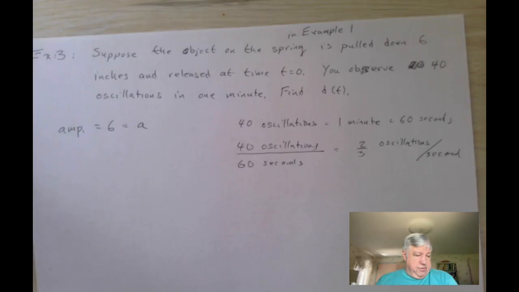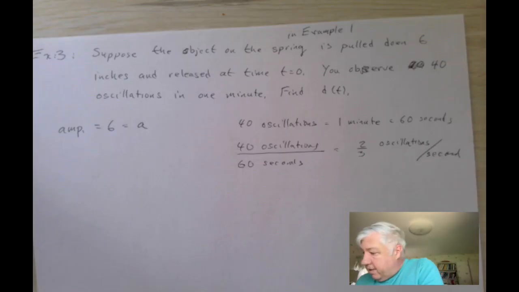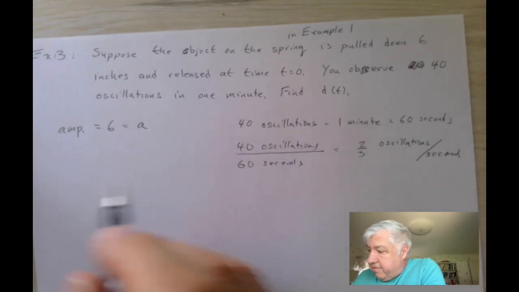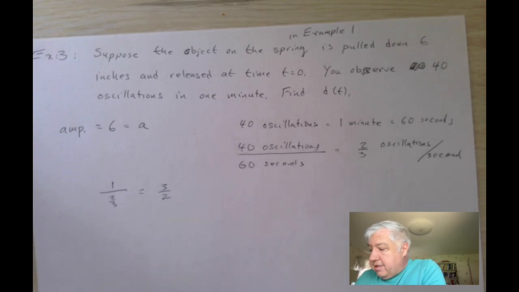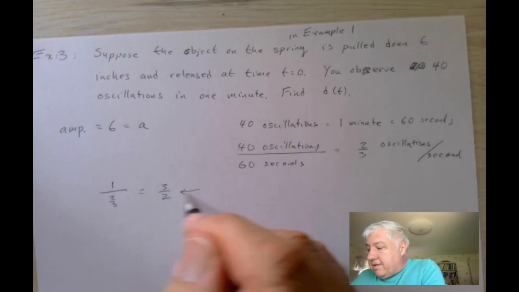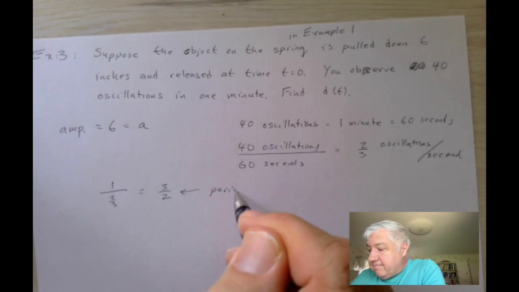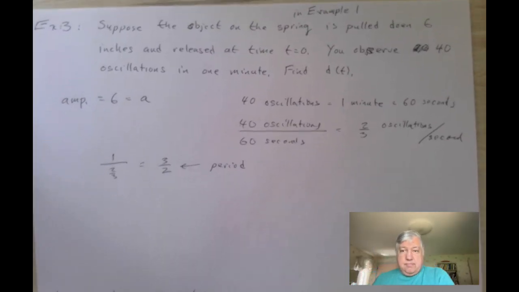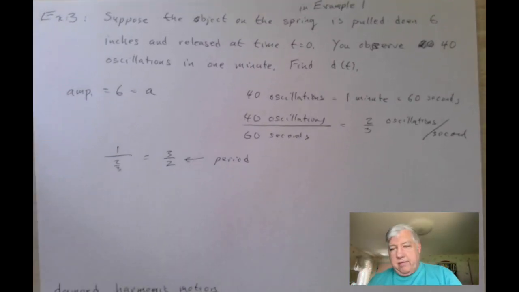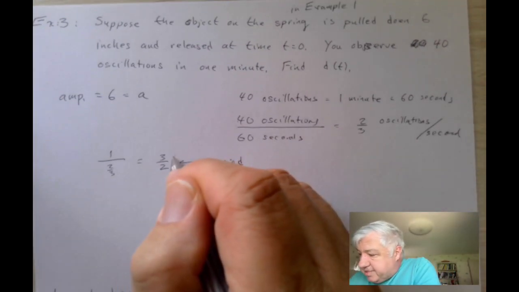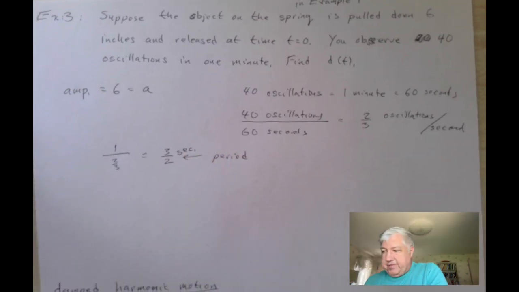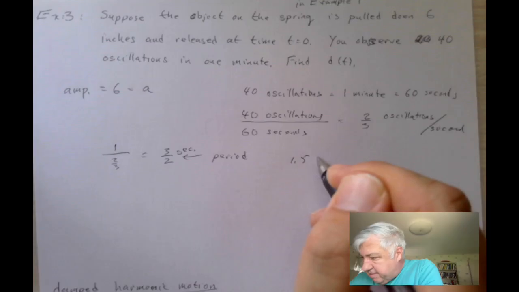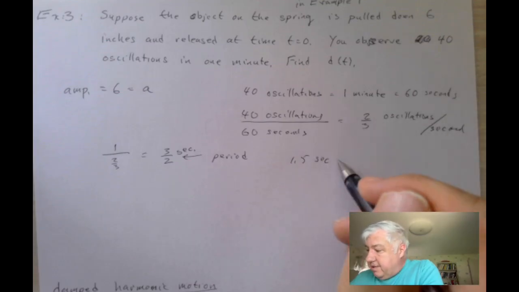If we take the reciprocal of that, the reciprocal of 2/3 is 3/2. So this is going to be 1 period, 3/2 of a second, or 1.5 seconds.